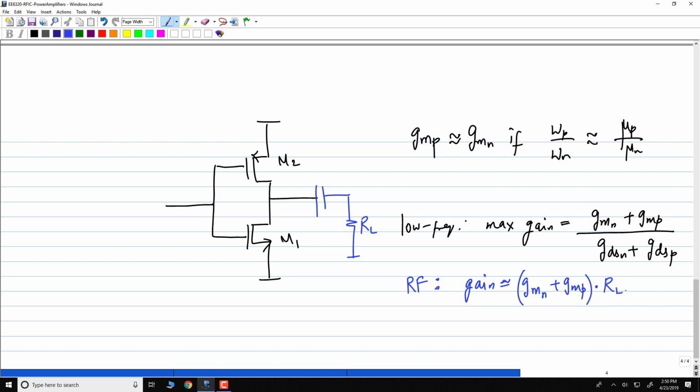Understood? Okay. How do you bias this circuit? One simple way of biasing it is you could do this to force the inverter to be biased at the trip point. This is not always the best, but this is something you can do.